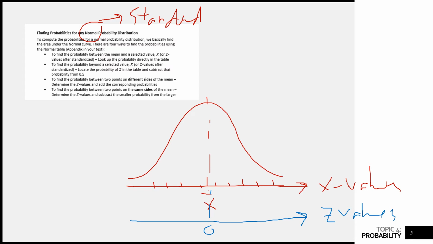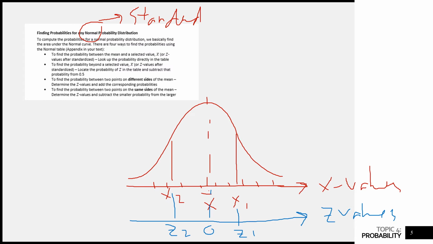For a particular x, let's say this value is x1. If you standardize x1, you will get z1. Let's say this is another value, x2. You will get a z2. Understand? Whenever you have an x, it will have a corresponding z value under it.